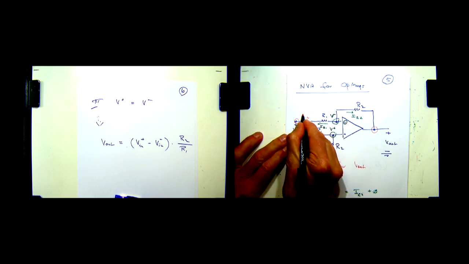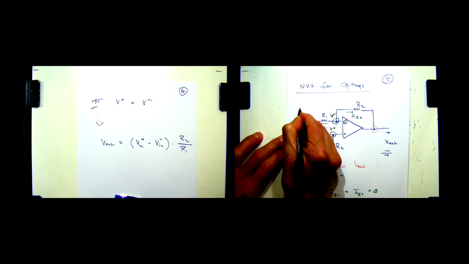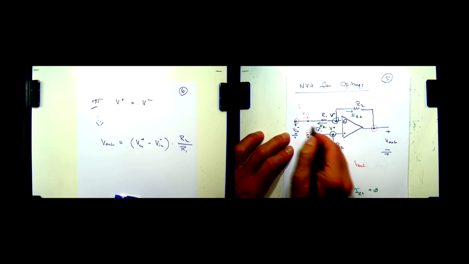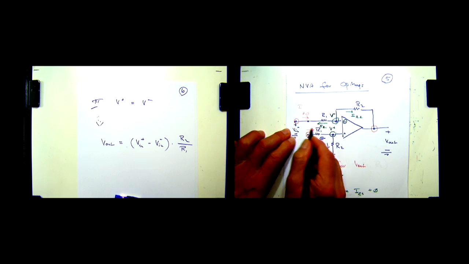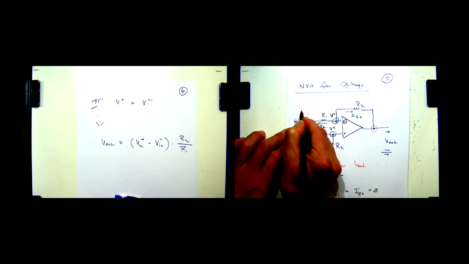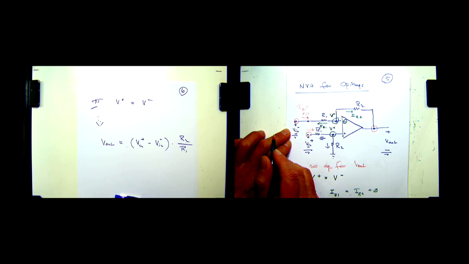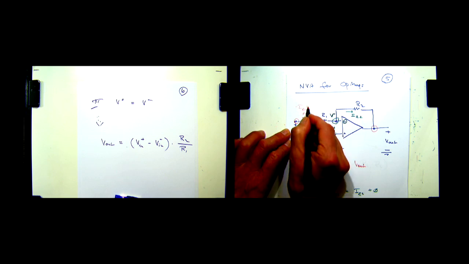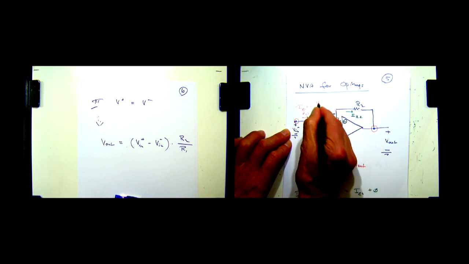So this current here is non-zero, right? This current here is minus I1, which is going to be equal to minus V in minus over R1, right?